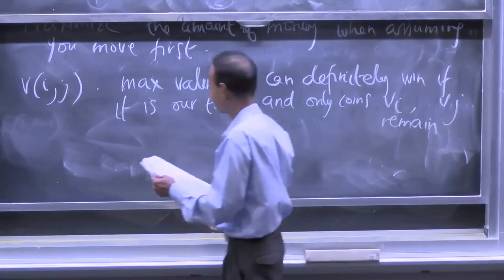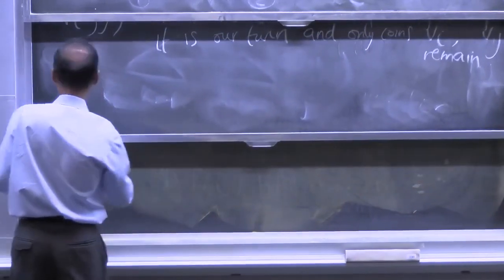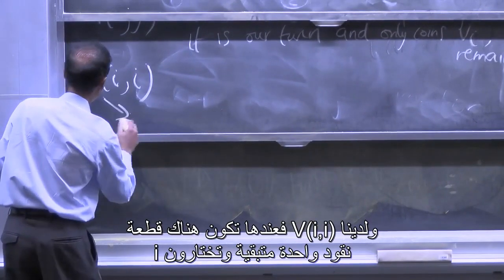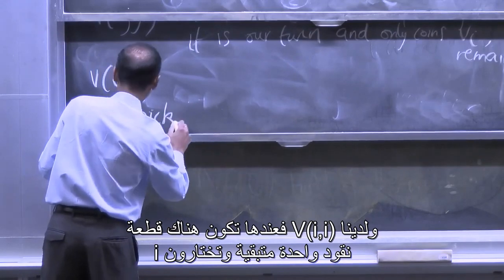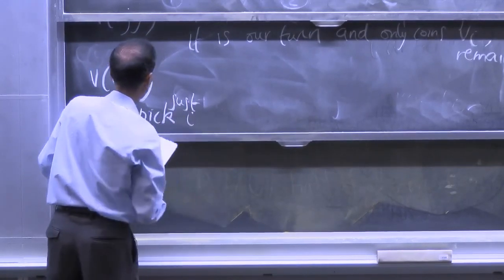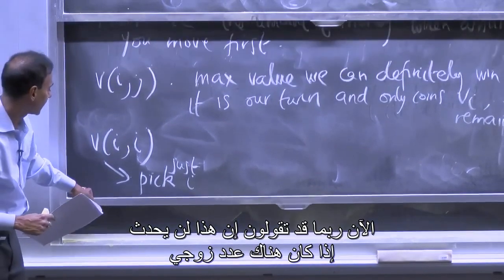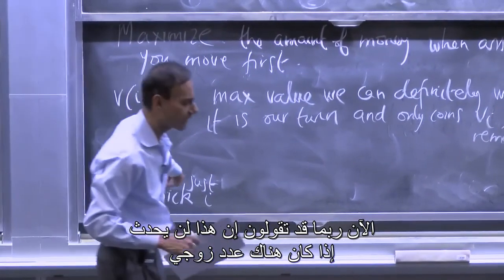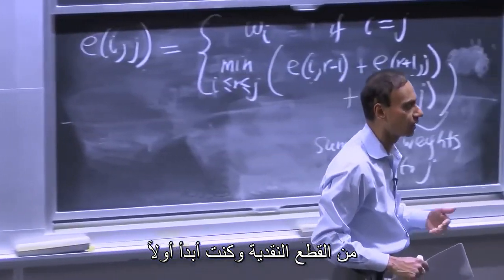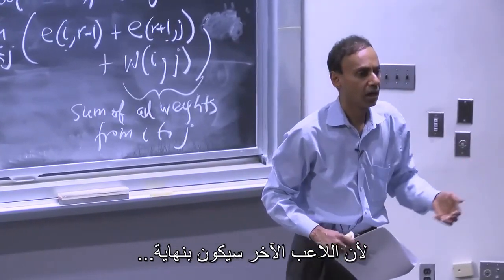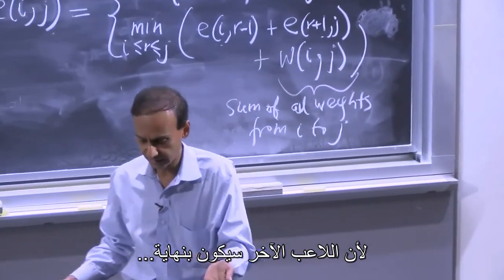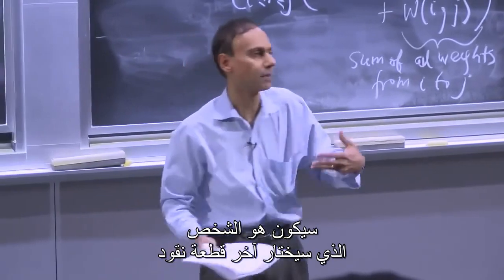Okay. And so we have Vii, then there's only one coin left, and you just pick i. Right? Now, you might say, well, but that's never going to happen if there's an even number of coins and I'm playing first, because the other player is going to be the person who picks the last coin.